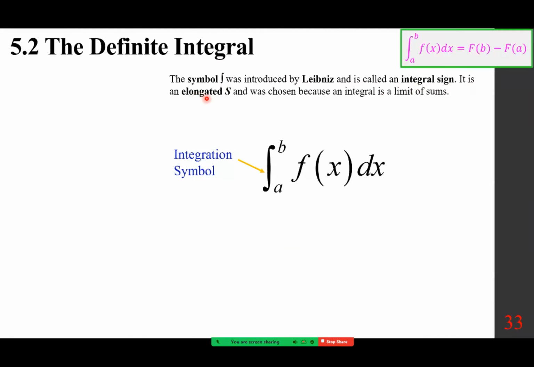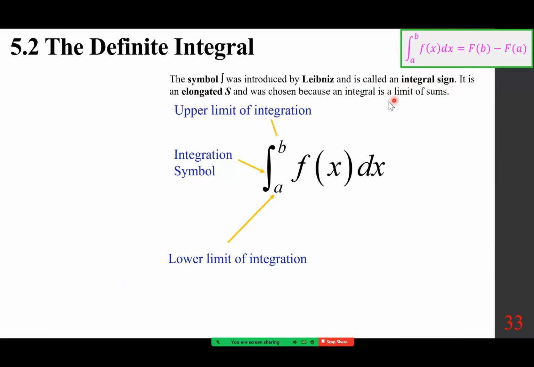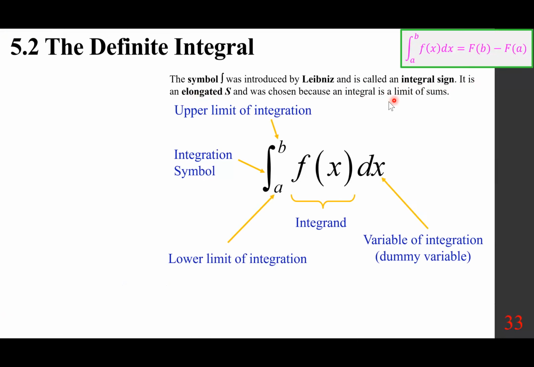It is an elongated S and was chosen because an integral is a limit of sums. A is the lower limit of integration. B is the upper limit of integration. F of x is called the integrand. And dx, we call it a variable of integration, also known as a dummy variable.